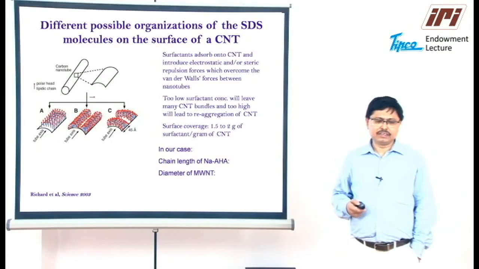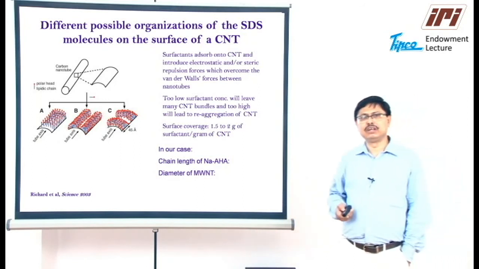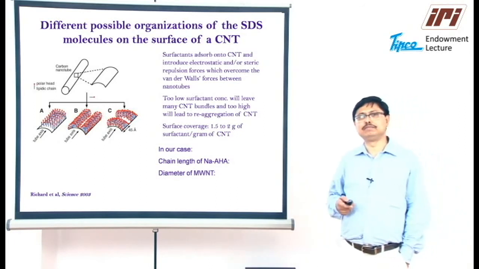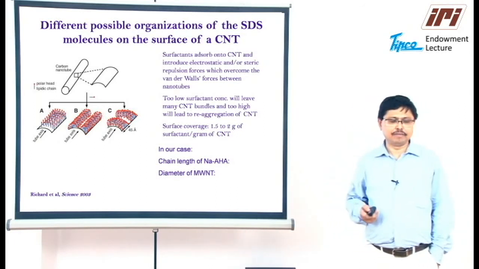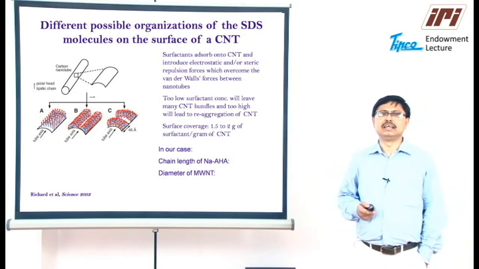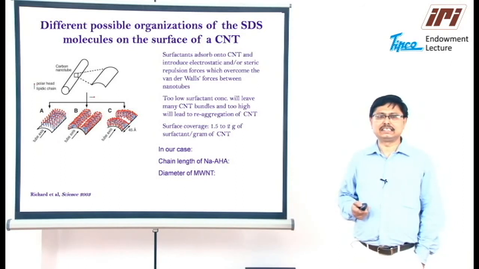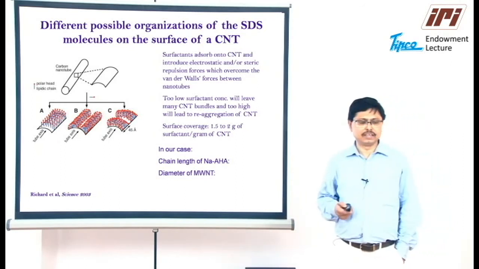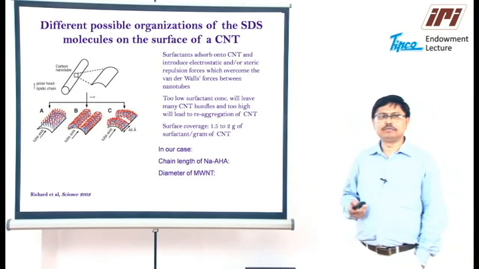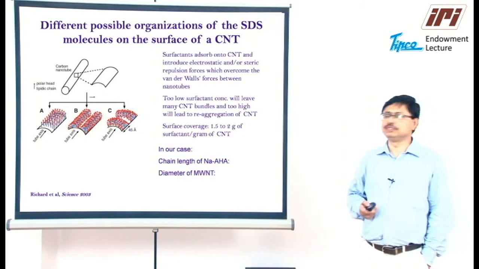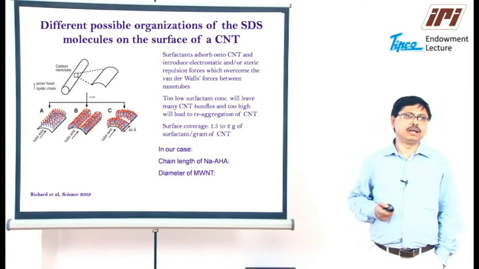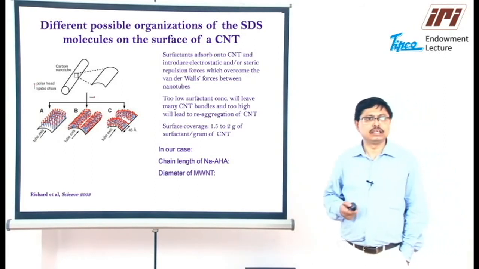In this particular case also, we try to understand the role of NaHA, the novel modifier which has been developed at IIT Bombay in our lab, and what would be the possible organizations if we consider a classical surfactant like SDS molecules on the surface of the carbon nanotubes. One can find that they can cover the surface of the carbon nanotubes in various ways as depicted in the picture, where the polar end is up and the hydrophobic end is attached to the nanotube surface.